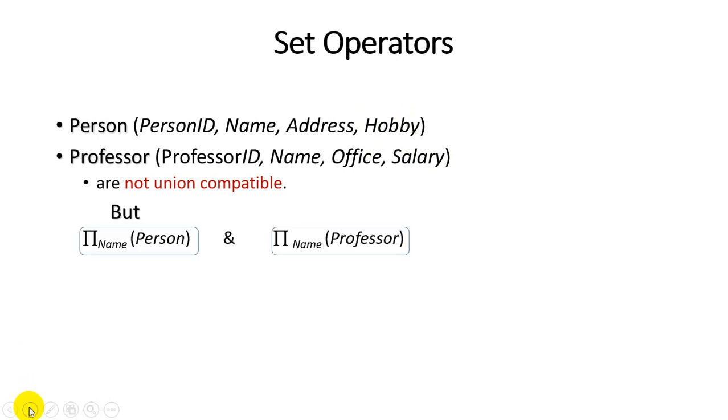But if we take the projection of name from the person relation and the projection of name from the professor table, retrieving only name, both belong to a common data type and both have a single attribute, so we can say that it is union compatible because it satisfies both conditions: the same number of attributes and the same data type.